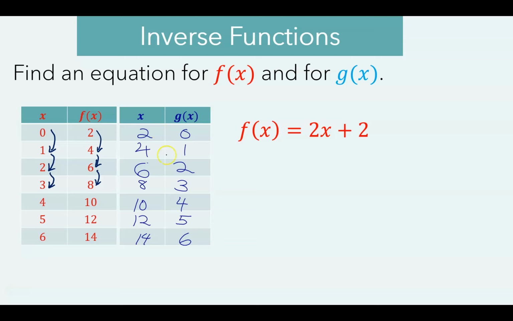So in terms of G, we could count off the slope, but we don't have to, because we already know 2 to 4 is a change in 2, 4 to 6 is a change in 2. And so it's really a relationship between this slope 2 on F and the slope on G. And since we're changing x's for y's, well, in slope, we think of that as change in y over change in x.